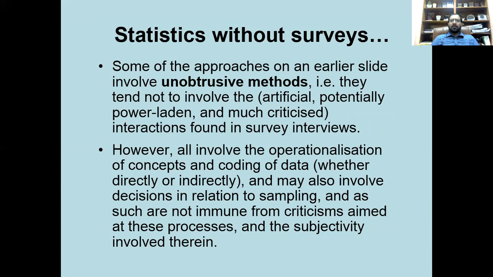Whereas mostly information is retrieved from a survey or an interview. However, all involve the operationalization of concepts and coding of data, and may involve decisions in relation to sampling, and so are not immune from criticisms aimed at processes and the subjectivity involved therein.